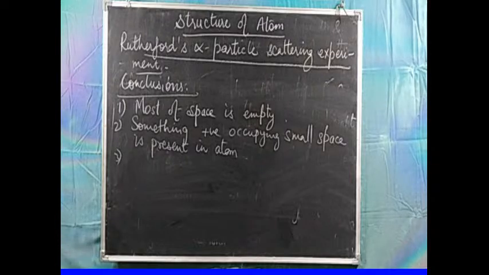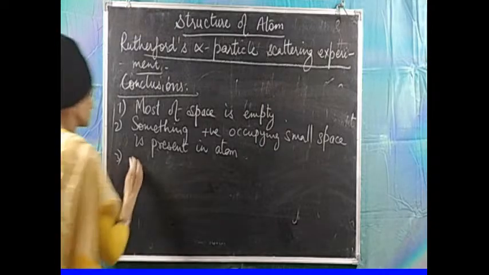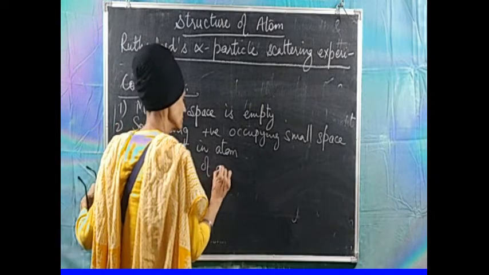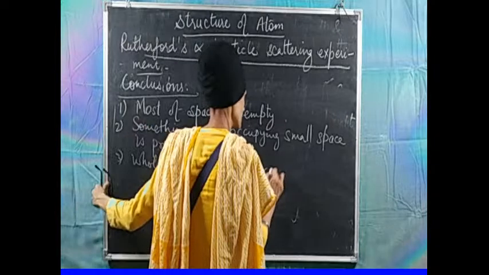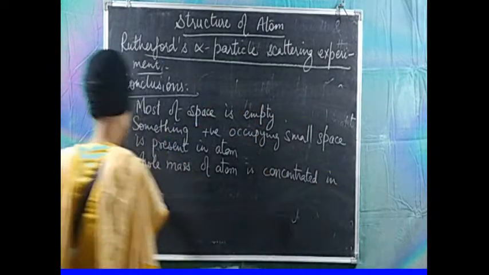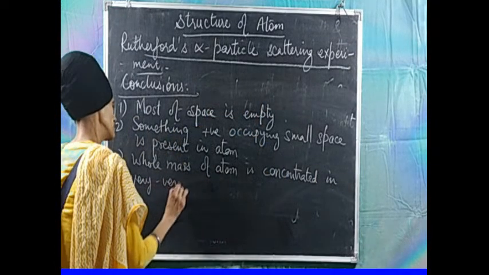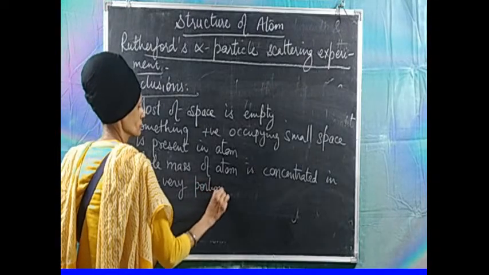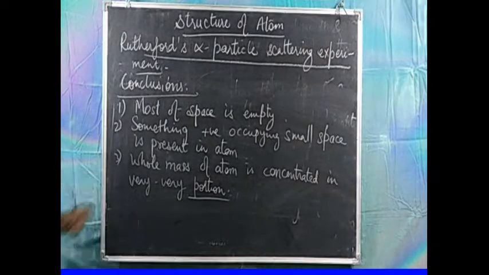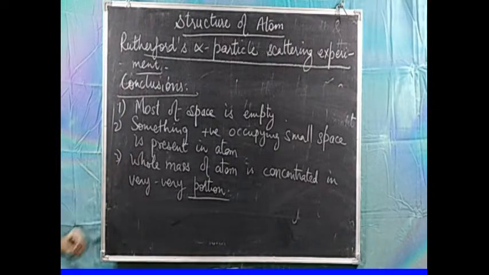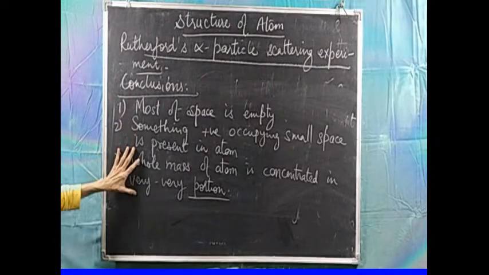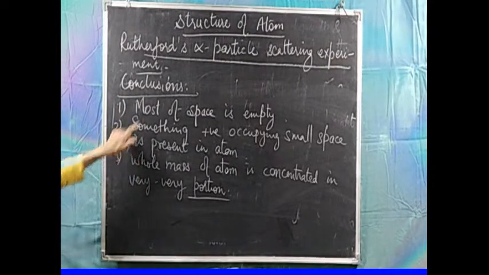That means the whole mass of the atom is concentrated in a very small portion or volume or space. So these were the conclusions drawn from his observations, and from these conclusions he gave 3 postulates or 3 points of his theory. So most of the space is empty.